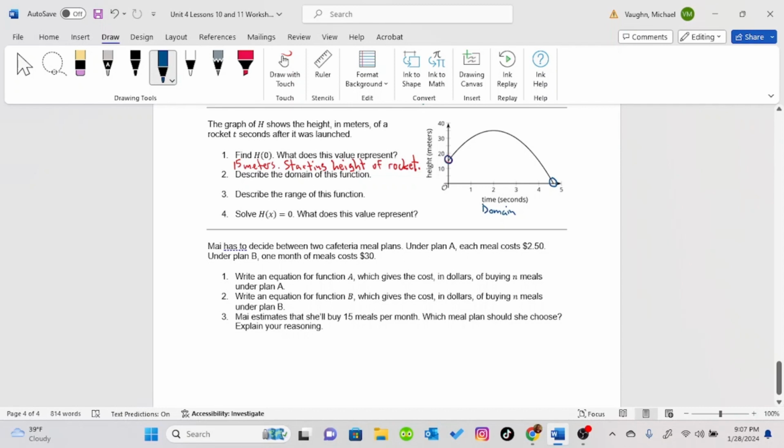So the domain of this function is all numbers between 0 and 4.5.